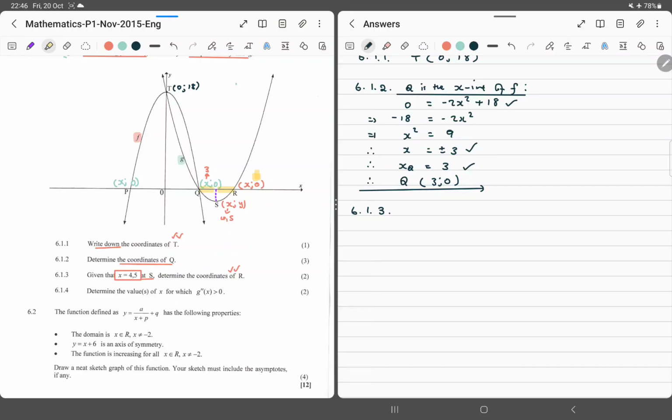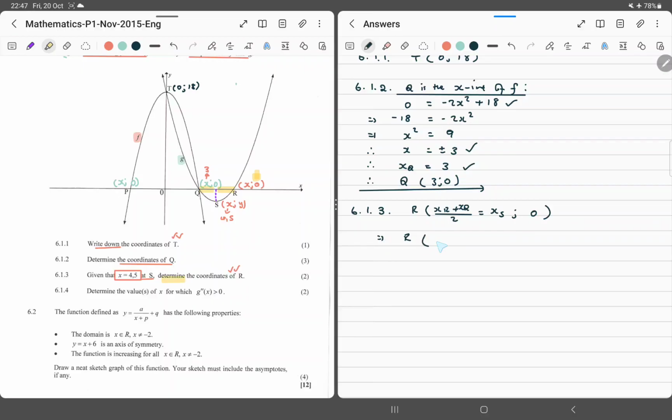Nice and easy. So a determination is by inspection or by calculation. Here we're going to use both. So we can say R is the point where x at R plus x at Q over 2 will give us the x at S and 0. Okay, so this is important.